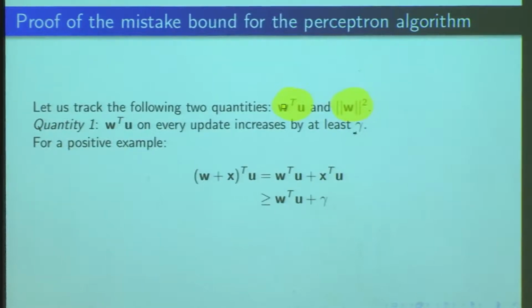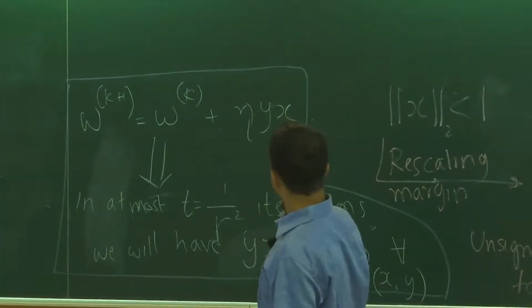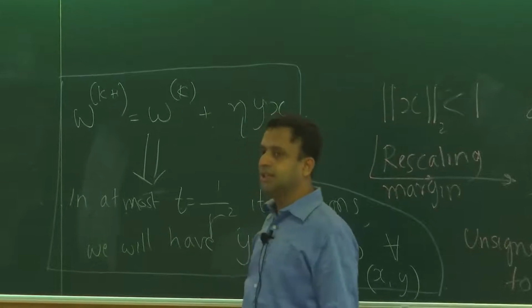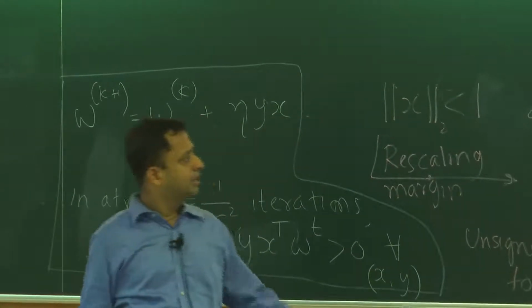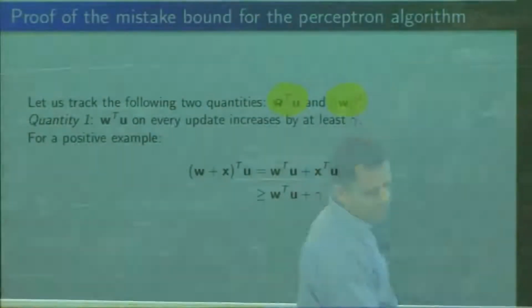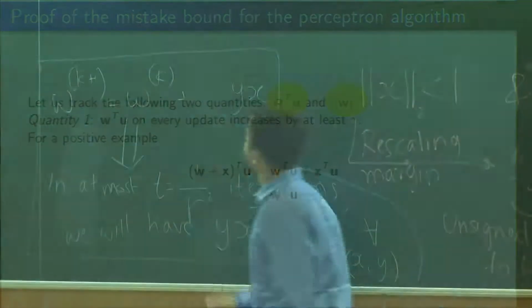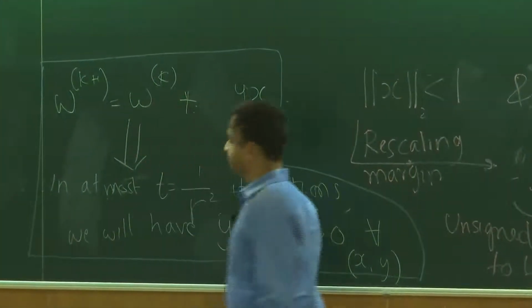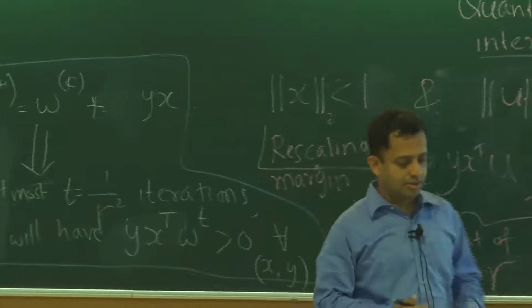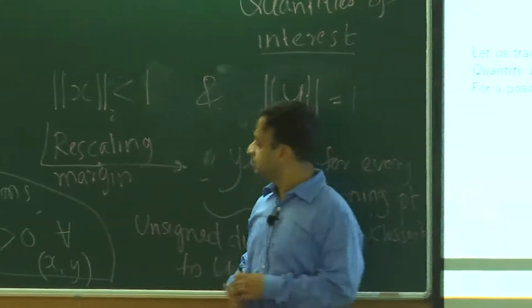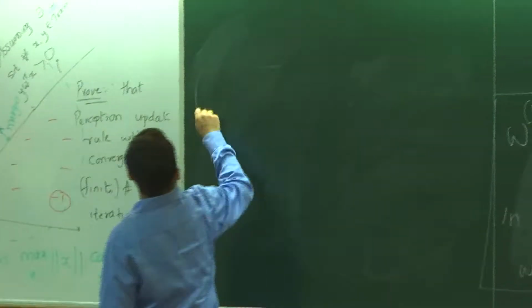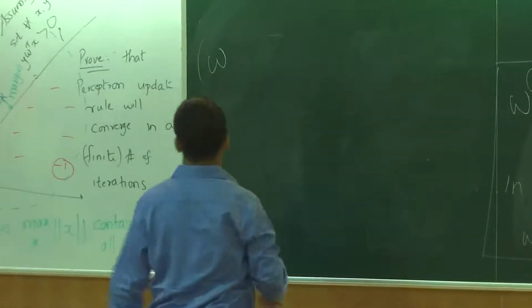Here, I think I have assumed eta to be 1, so let me simplify it. We assume eta to be 1. So let us write down what this update rule means.